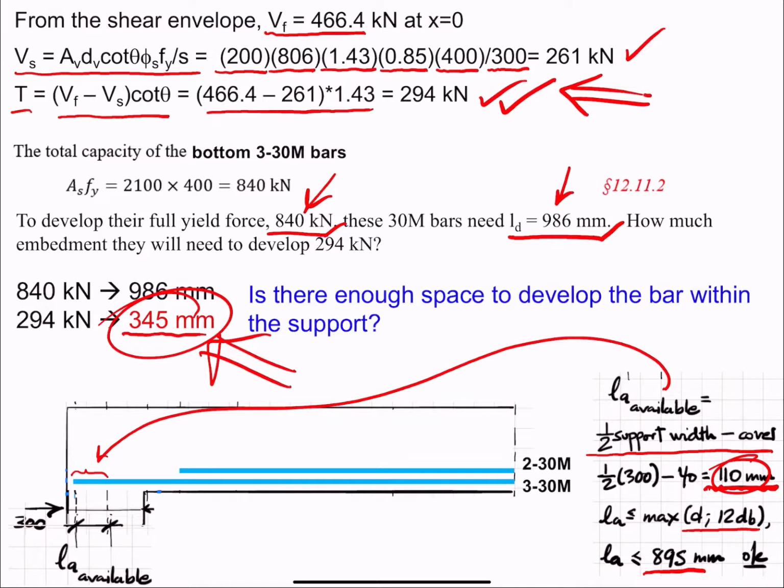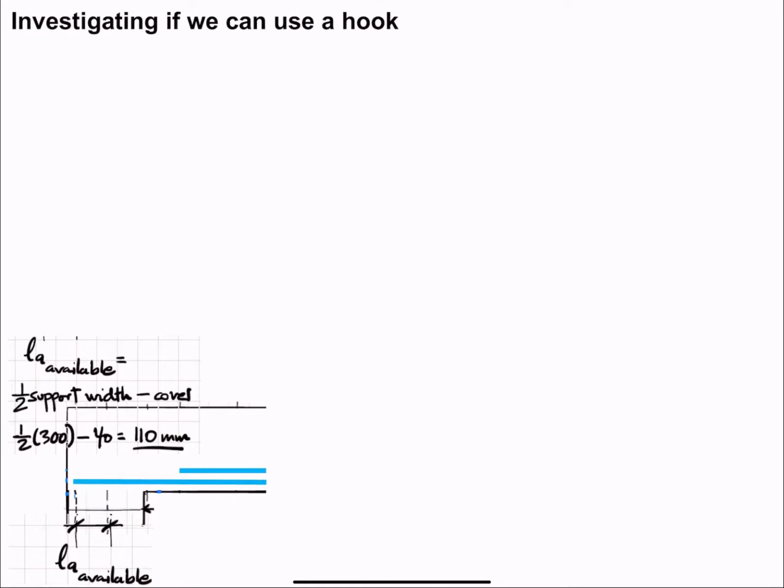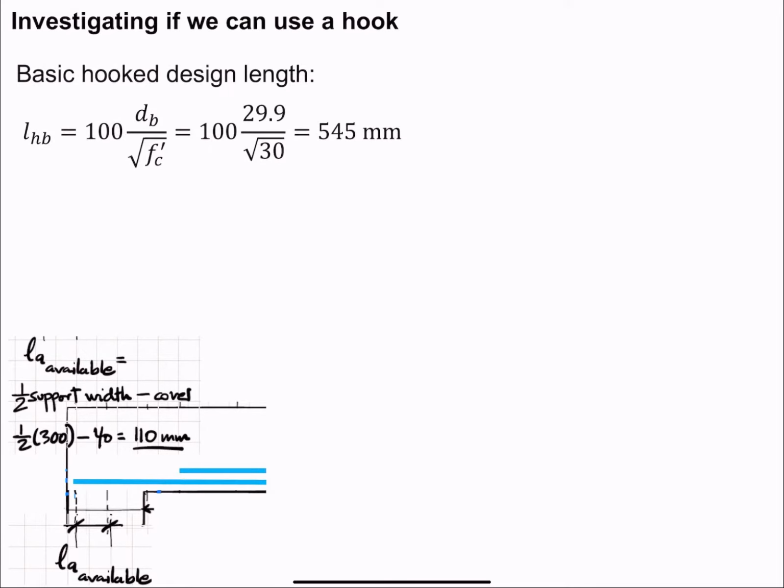And then you may say, oh, wait a minute, with a straight bar you cannot develop it there. But what about a hook? We investigate if we can use a hook. So the basic hook development length is given by this equation. 545 mm is what we get when we enter the diameter of the bar and f'c, and we obtain a basic hooked length, which is now lower than the 986 we had.